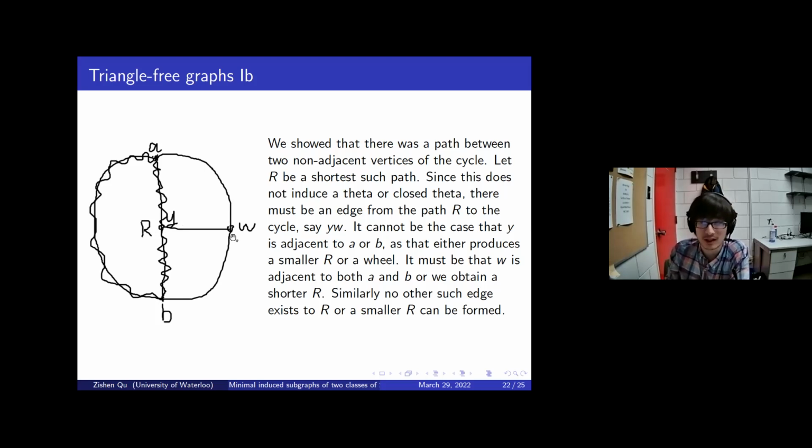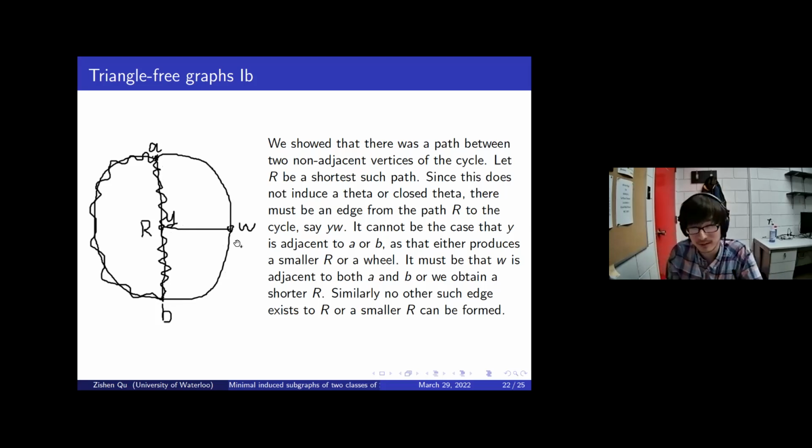And then you have Y to W. But then why doesn't B, Y, W give you a smaller path? Well, then it must be that W and B are adjacent, so WB is just an edge. The same argument holds for A and W. A to Y to W should give you a shorter R, so that means A and W are adjacent.